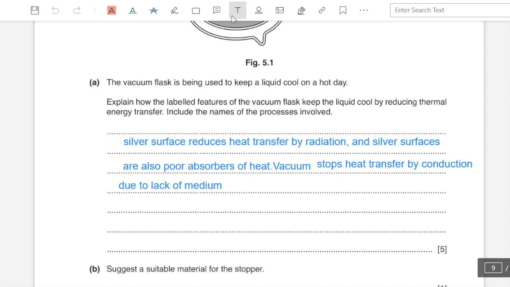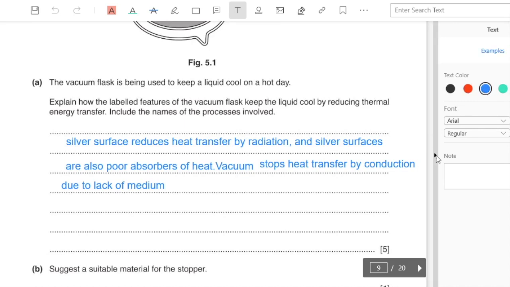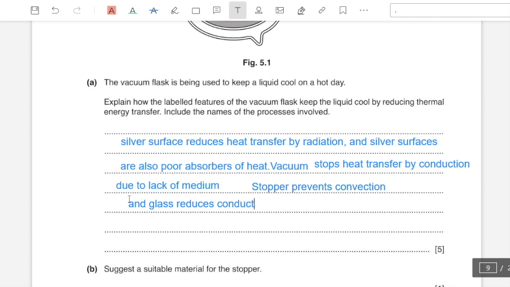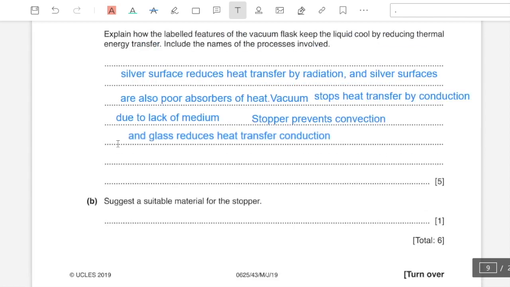Alright, silver surface vacuum. Next comes the stopper. B. Suggest a suitable material for the stopper.